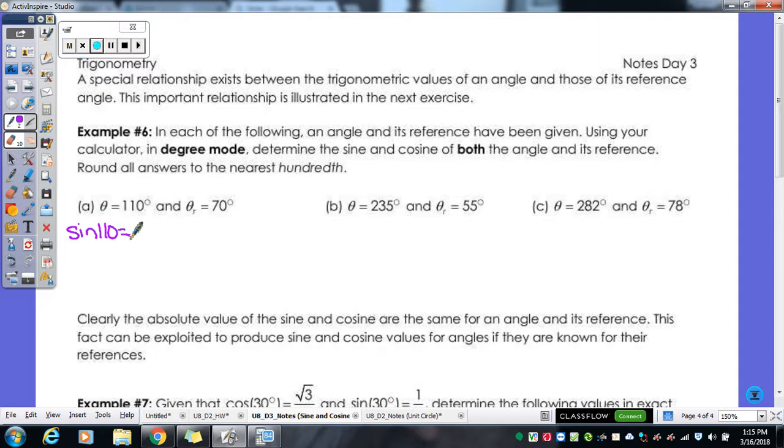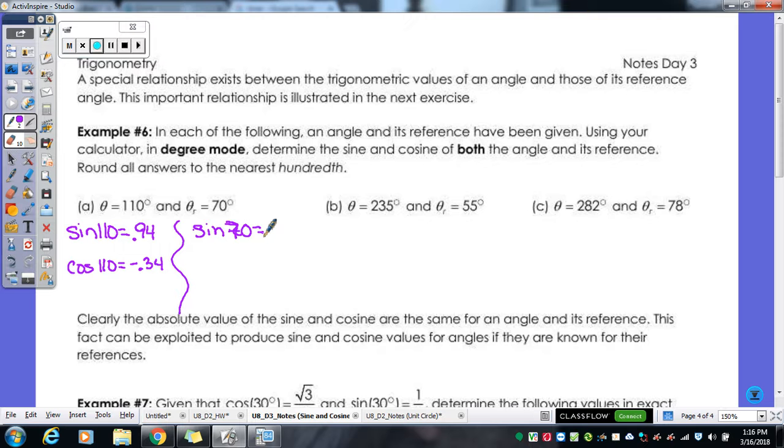So in your calculator, type in sine of 110. We're going to go to the nearest hundredth. 0.94. Then cosine of 110. Now go ahead, type in sine of 70 to the nearest hundredth.